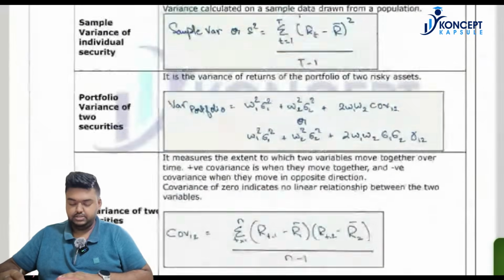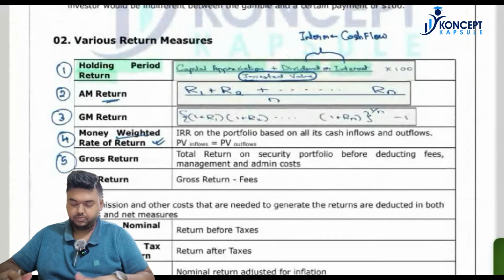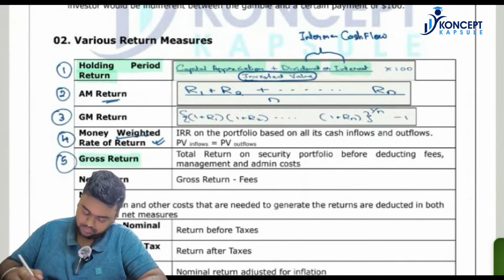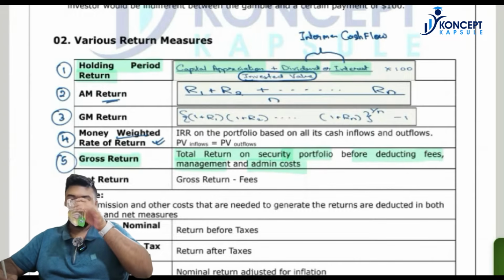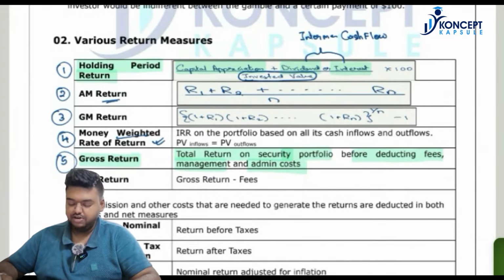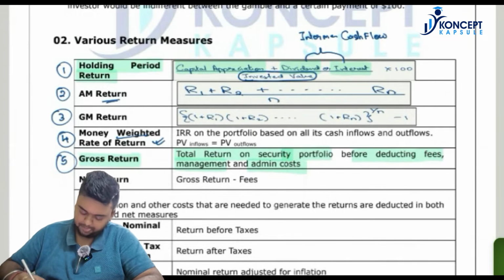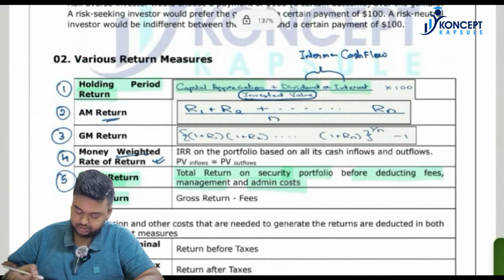So let us see what is written over here. What is gross return? The total return on a security portfolio before deducting for fees, management and admin cost. We have already seen this. What is net return? Net return is gross return minus fees.